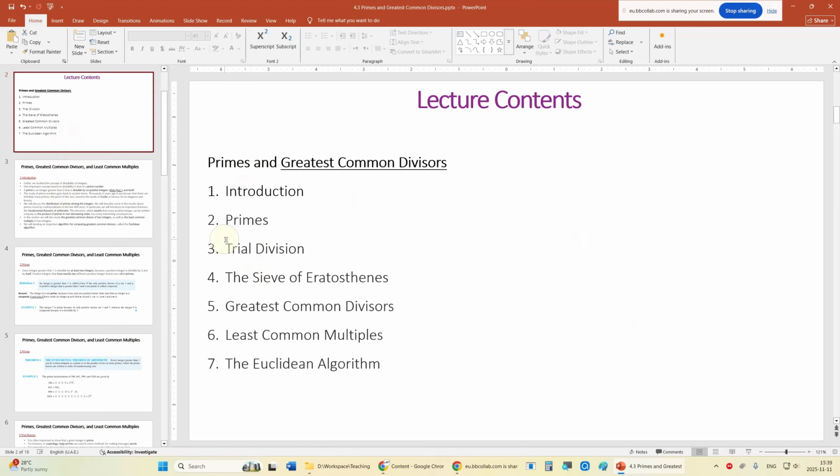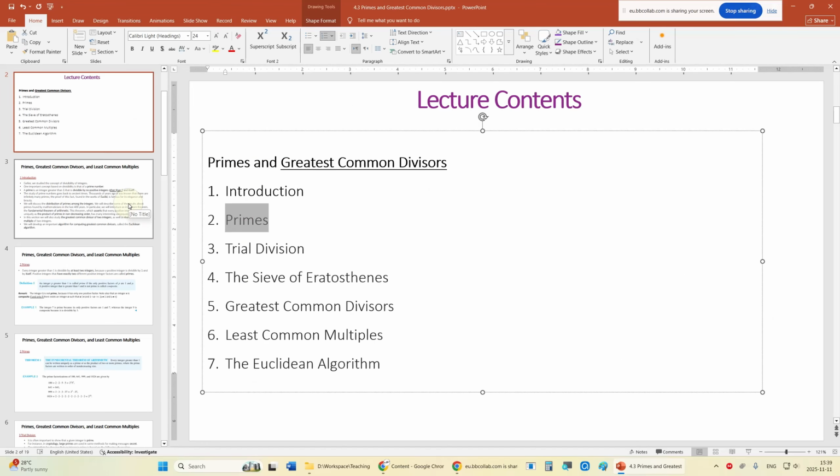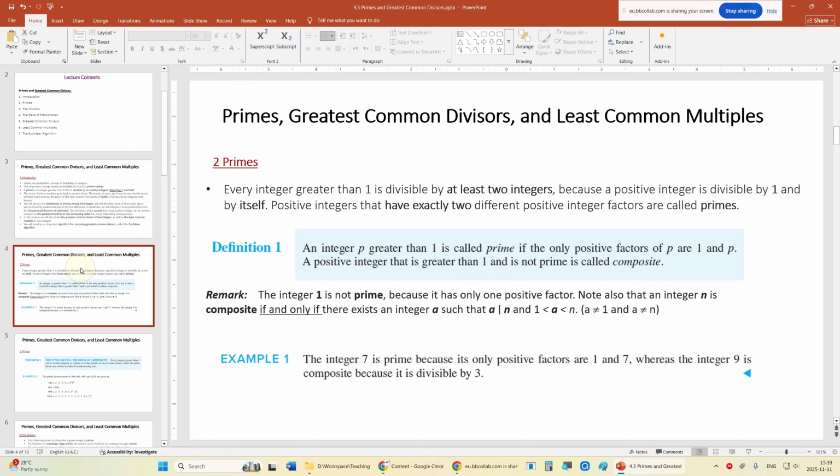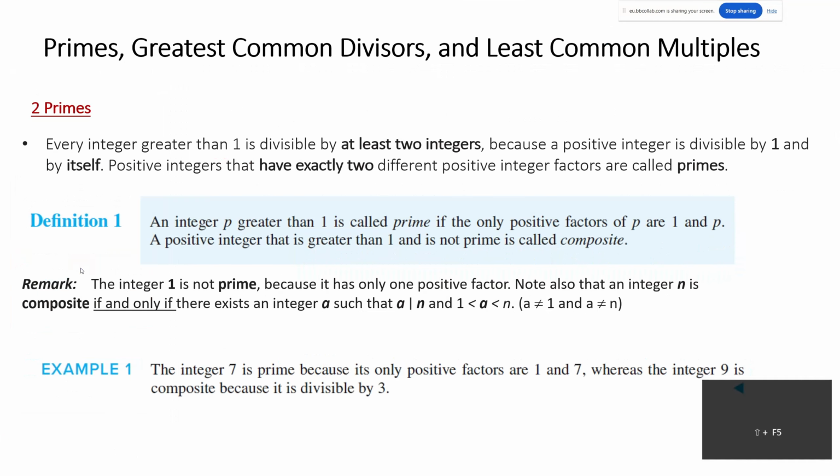So let's start talking about those primes. What are they? Well, you know some of those, but I would like to make sure that we talk about them. The main idea is that there are some numbers that have some very interesting properties, and primes are one of those numbers. So what are those primes?